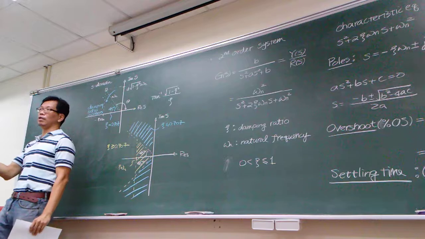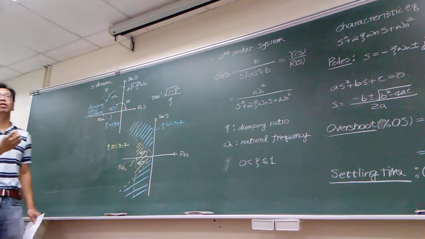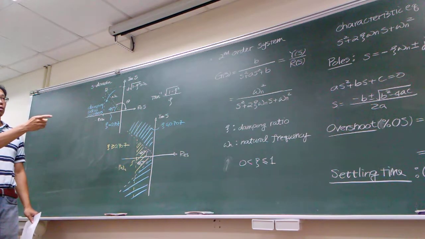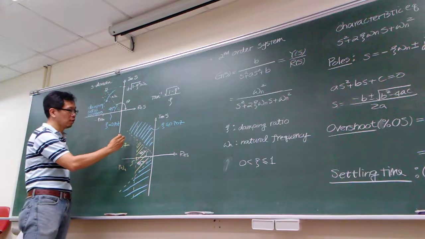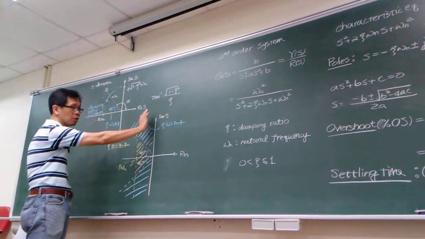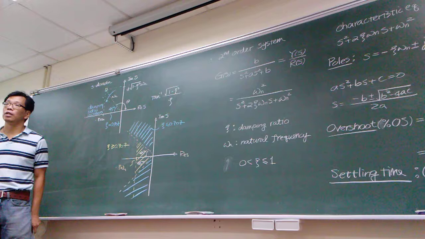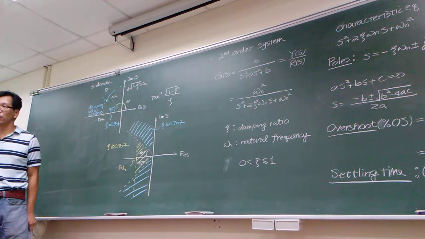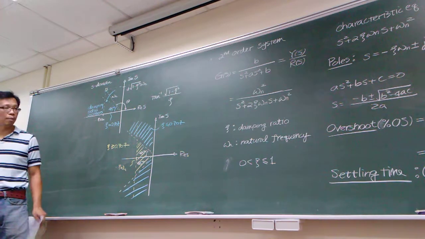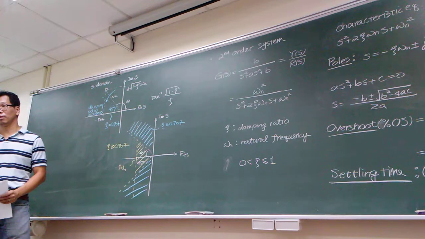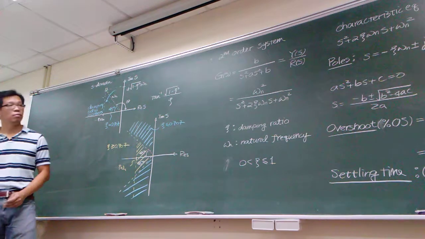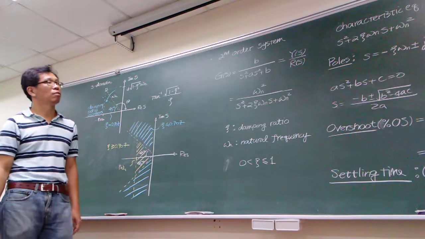No? If not, then I do. So we talk about the damping ratio. If it's going to be smaller than 0.7, it's going to be in this region. So what if my damping ratio equals 0 exactly? Where are my poles going to be located? Zeta equals 0.